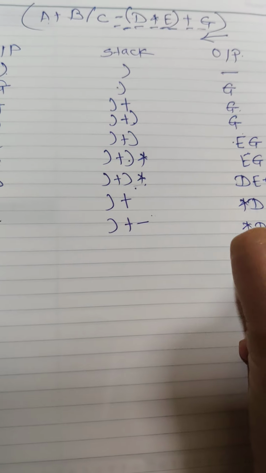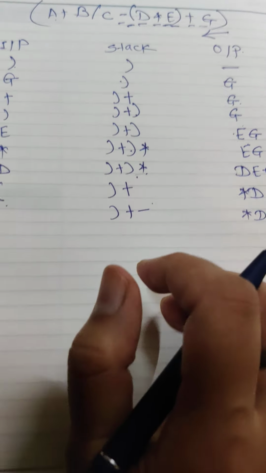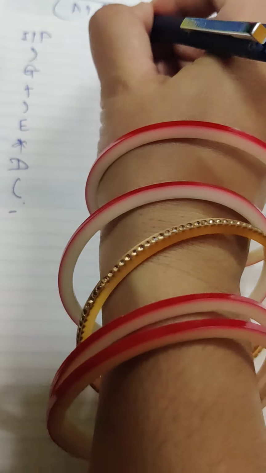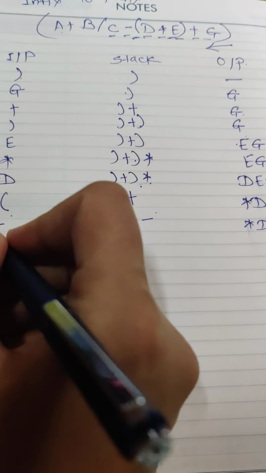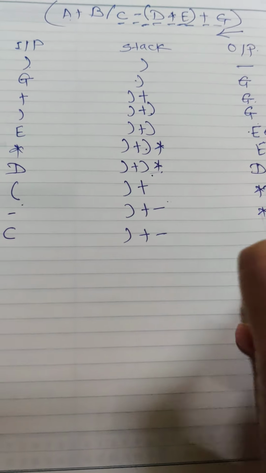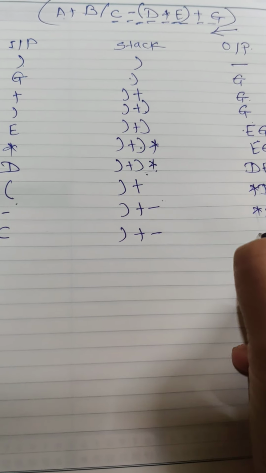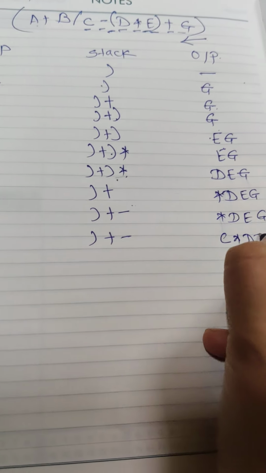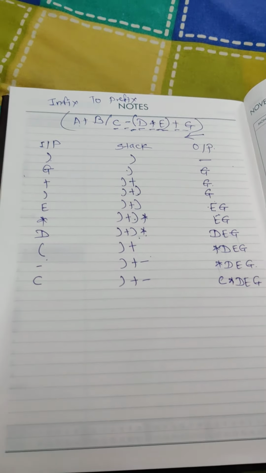Our output will be the same, DEG. Now what is next after that? Next is C. C is the operand. So what will happen? It will be moved to the output, so it becomes C into DEG, right?